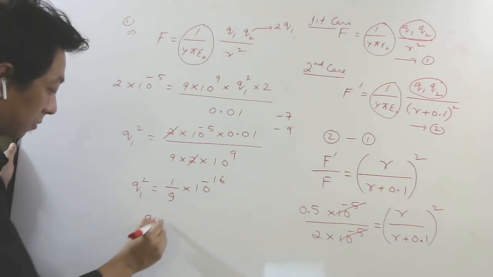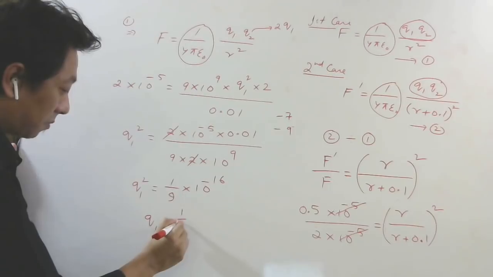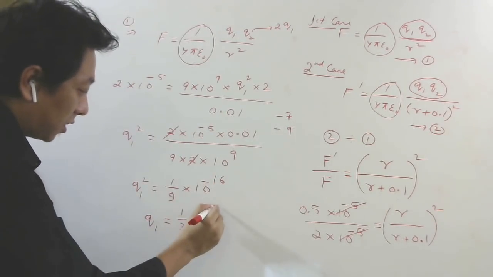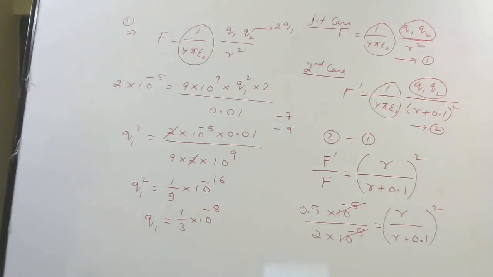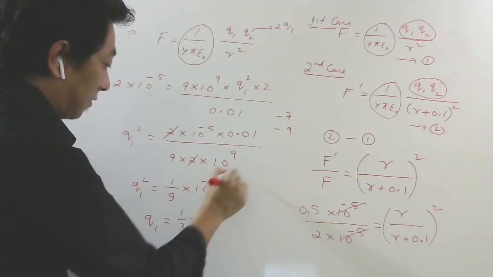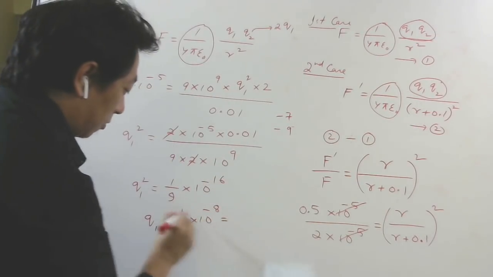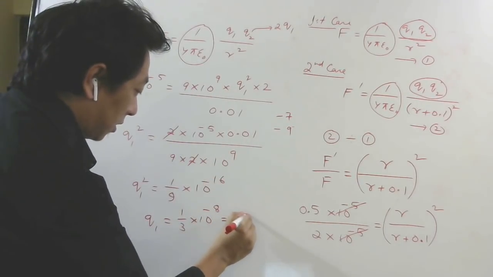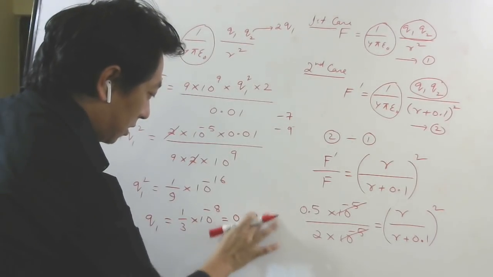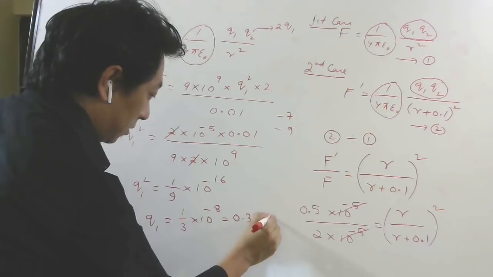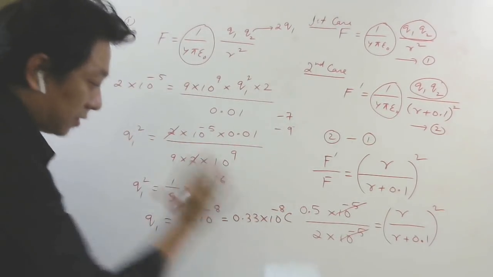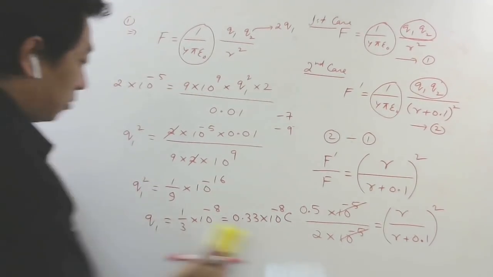So Q1 will be, square root of this will be 1 by 3 into 10 power minus, square root of 10 power minus 16 is 10 power minus 8. Because square root means power half. Okay. So if you take power half, 16 by 2 is 8. And 1 divided by 3 will be 0.333 into, or you can write 0.33 into 10 power minus 8 coulomb. So that is the answer for this first part, Q1.